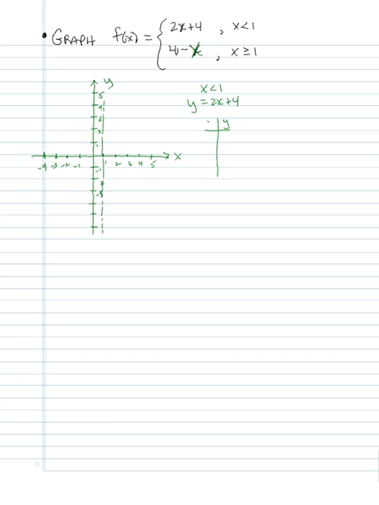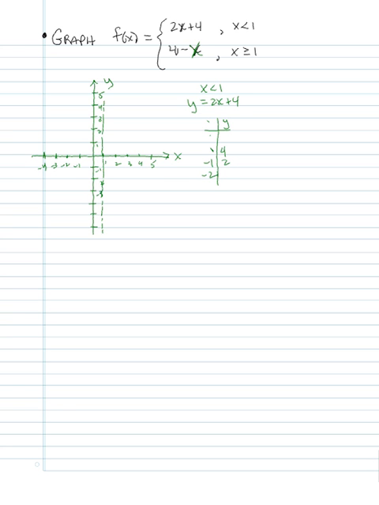So what kind of x's are less than 1? Well, I can't use 1, but I could use 0, I could use negative 1, I could use negative 2, and so on. If I use 0, then I'll get a y value of 4. If I use negative 1, then my y value will be positive 2, won't it? 2 times negative 1 plus 4.